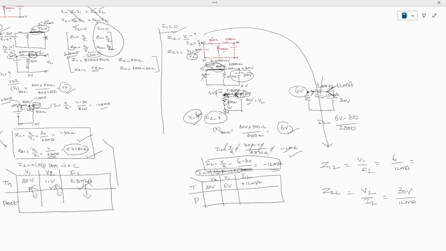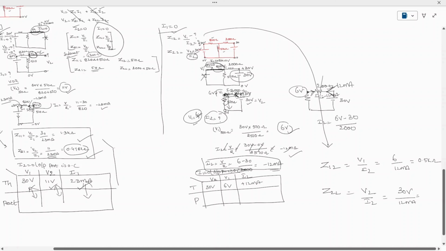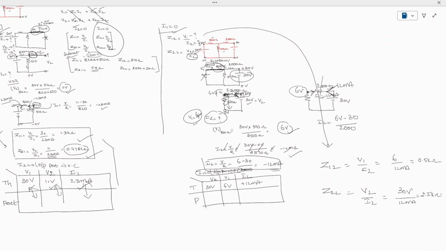When you solve it, you are going to get 0.5 kilo ohms, and this we get as 2.5 kilo ohm. We can compare these values and you will get approximately the same. 0.5 is nothing but approximately 500 ohm, and 2.5 kilo ohm is nothing but 2500 ohm.